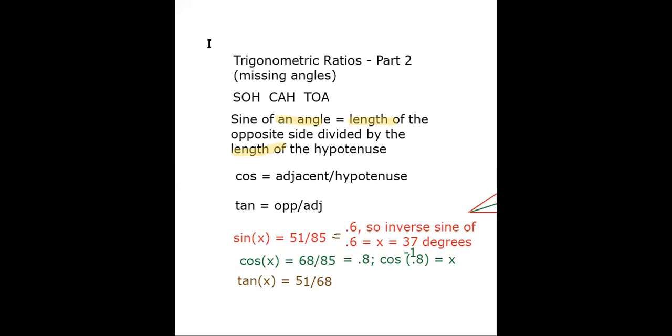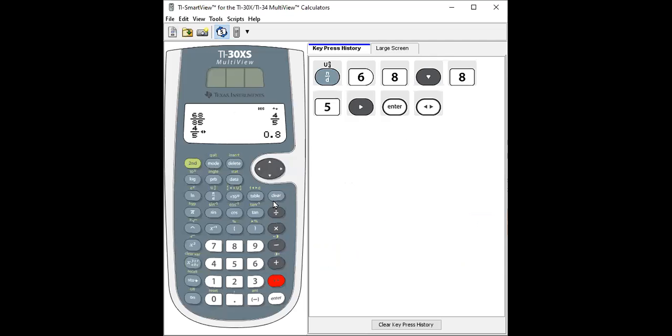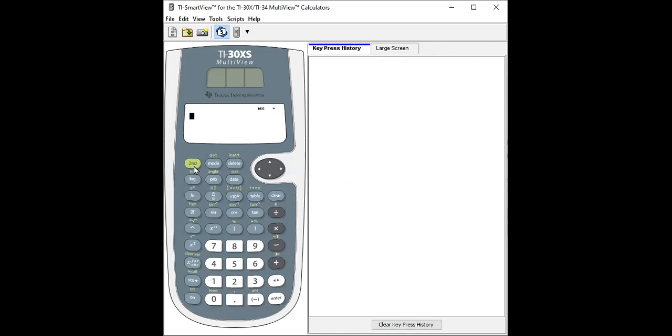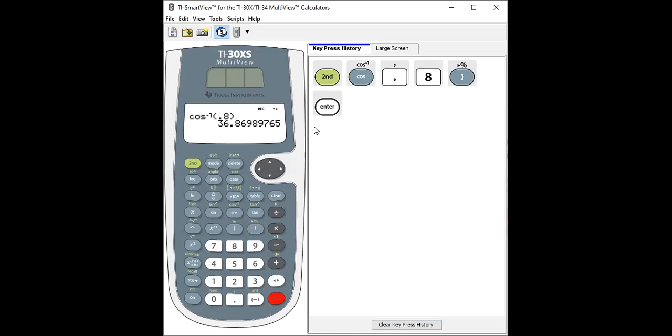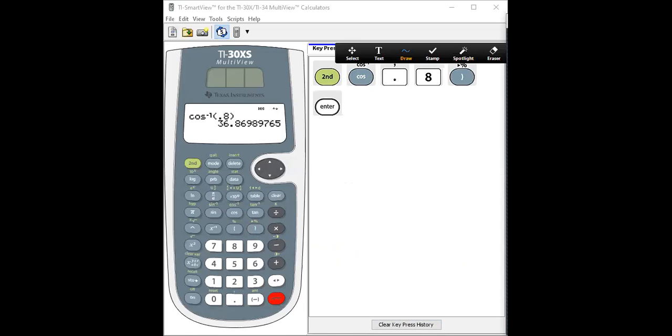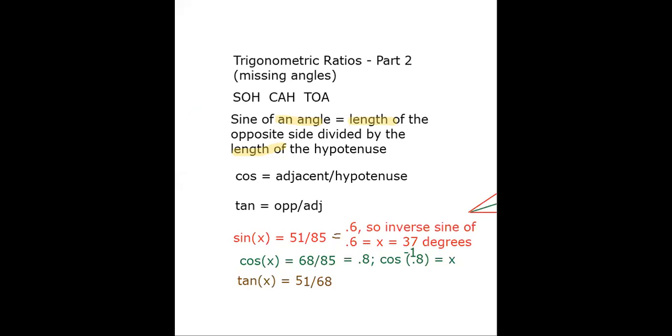Inverse cosine of 0.8, parentheses, enter: 37 degrees. We get the exact same answer. And again, let me say that is sometimes what is confusing with trigonometric ratios, because there's more than one possibility of how to do these.